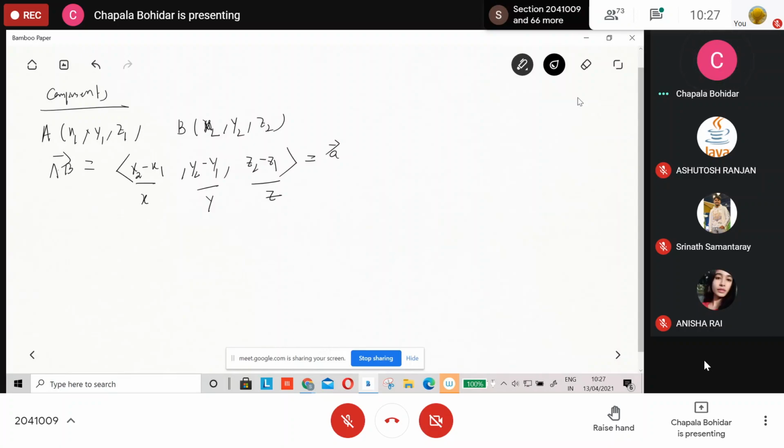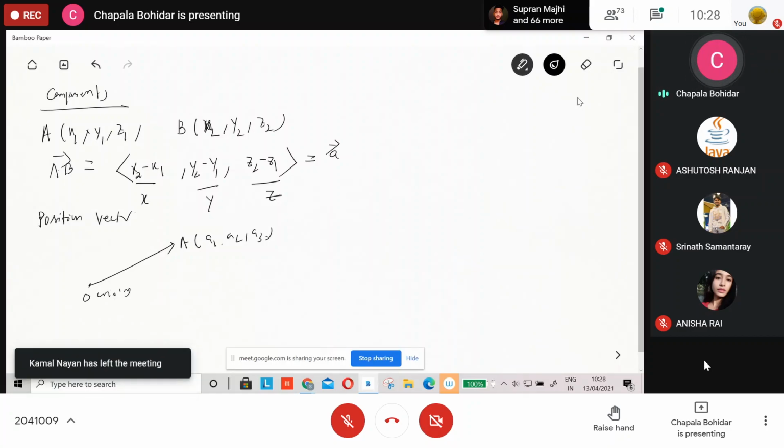Now, position vector. A vector which is drawn from the origin, say it is your origin O, drawn from the origin to a point A, having the coordinates A1, A2, A3. So my vector OA is the position vector.